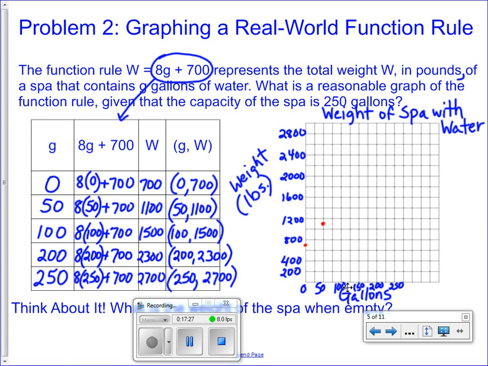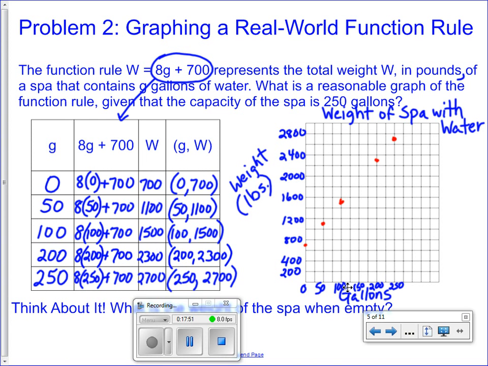Okay, so here we go. 100, 1,500, be right there, 200, and 2,300, and 250, and 2,700 would be right here.